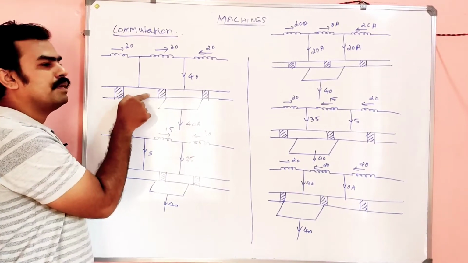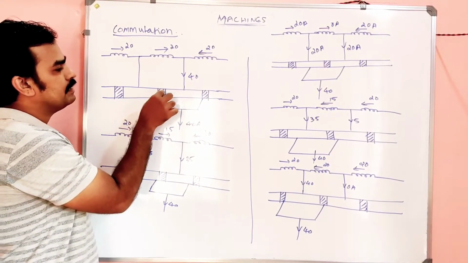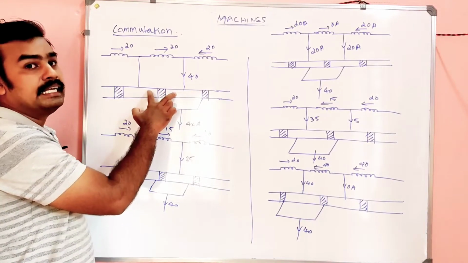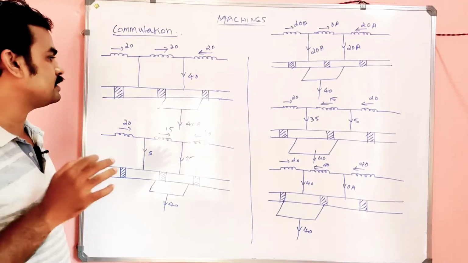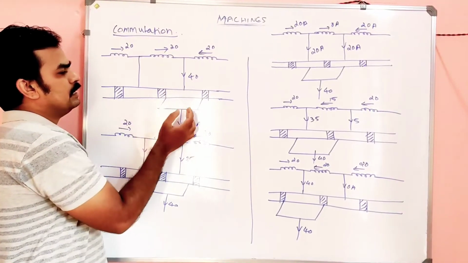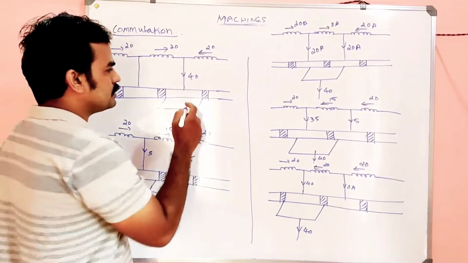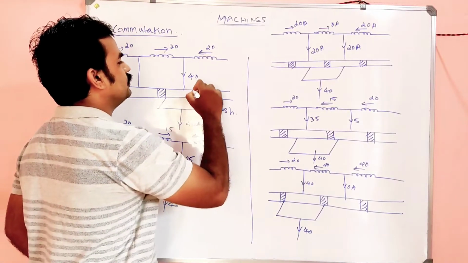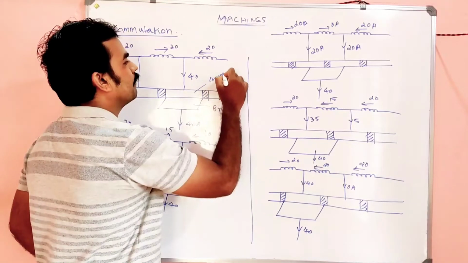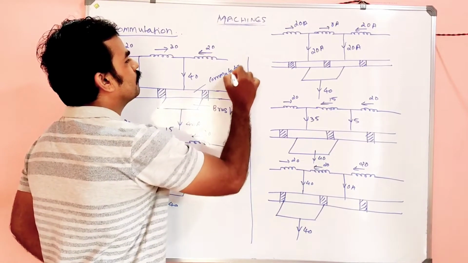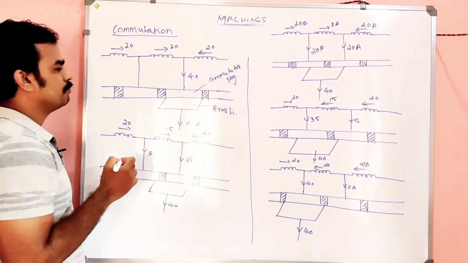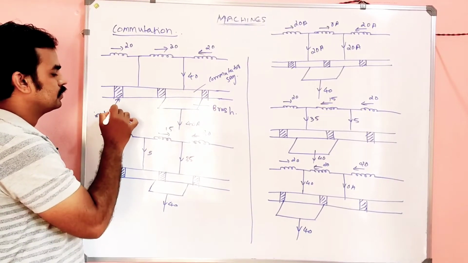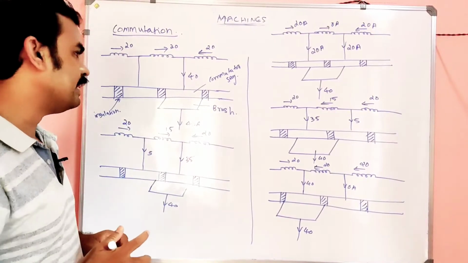This commutator segment is made up of copper, and this is the insulation between two commutator segments, and this is our brush. And this is the commutator segment. This is the insulation, my dears.